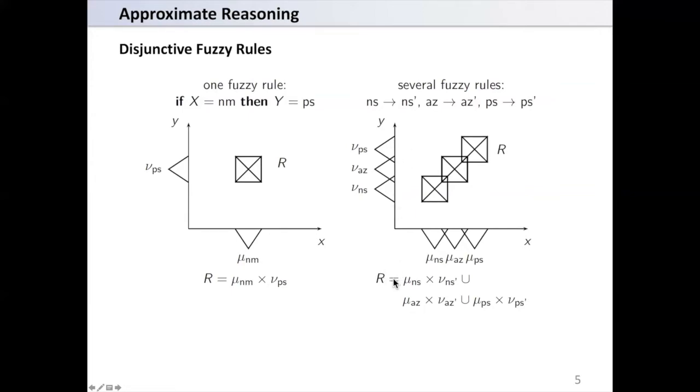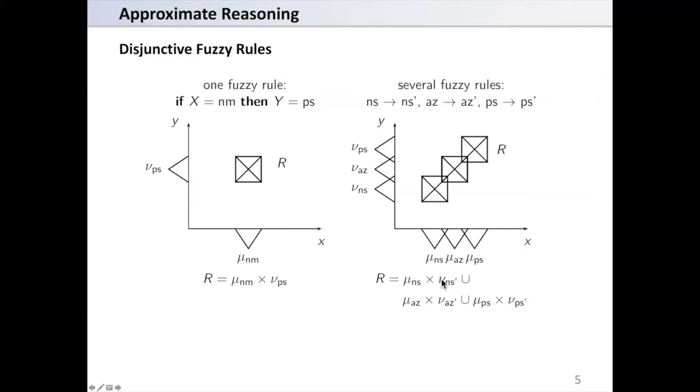Then the relation is the Cartesian product as given here as a rule: the membership of negative small for x, and the membership of negative small prime.